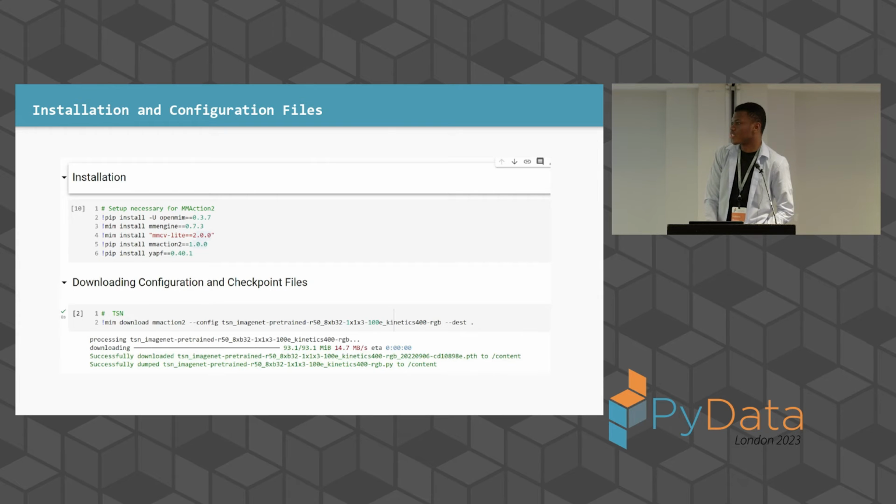If there's anyone who is here to get the link, I could just put it back there for others. While we wait, are there any questions so far in regards to the library or action recognition models?